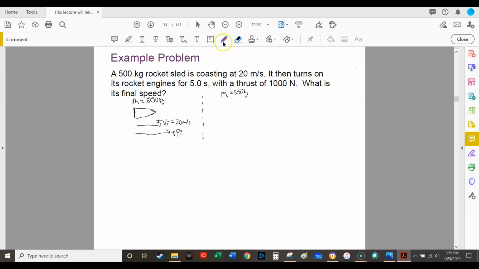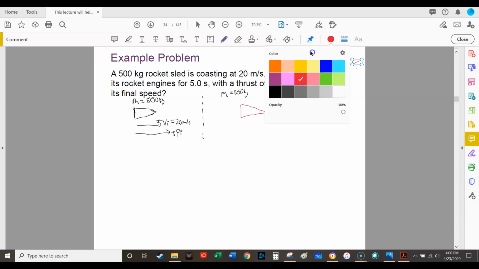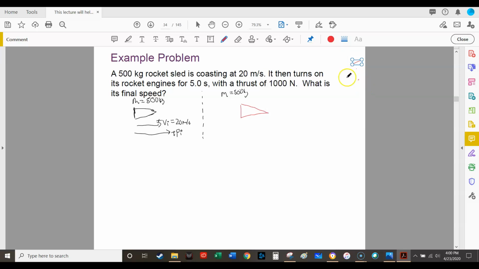So I'm going to draw the rocket over here, so that way I can draw a force vector pushing on this too. And I'm going to draw the force vector in terms of a red vector. So there's going to be a force added to this, giving it a thrust to the right of 1,000 newtons.